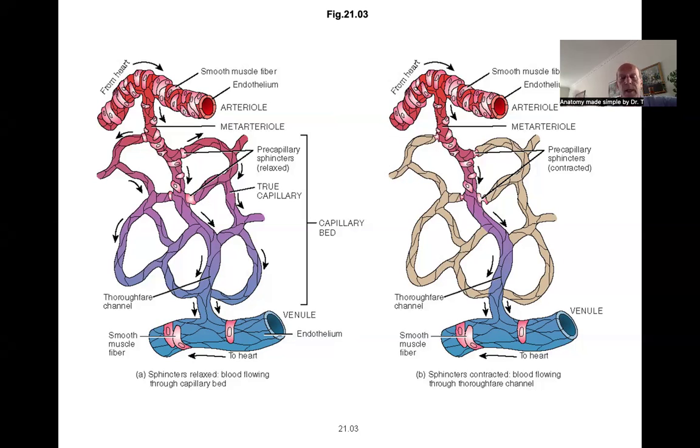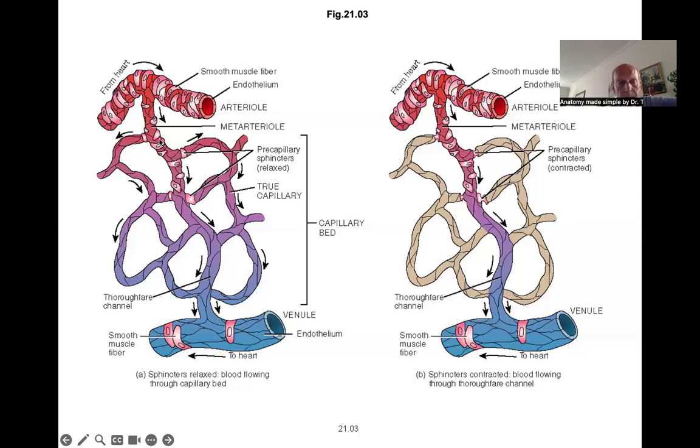And that is what this picture illustrates. On the left side of the screen we're seeing part of the capillary bed. Here is the arteriole, which feeds blood into the arteriolar end of the capillary bed. Blood flows freely through it, enters the venous end of the capillary bed until it finally becomes drained into a smaller caliber venule.